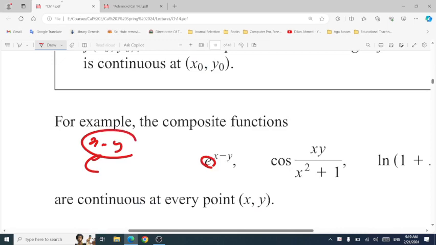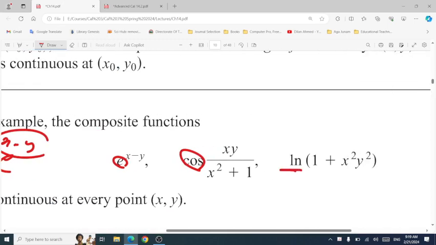x minus y is continuous again. Cosine as well is continuous. ln again is continuous because here there is no problem with it; you never get a negative part. That's why it's continuous.